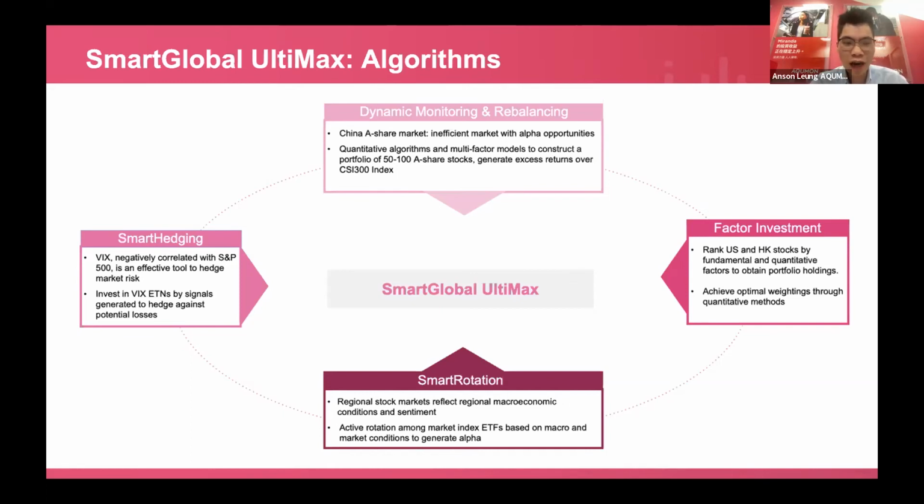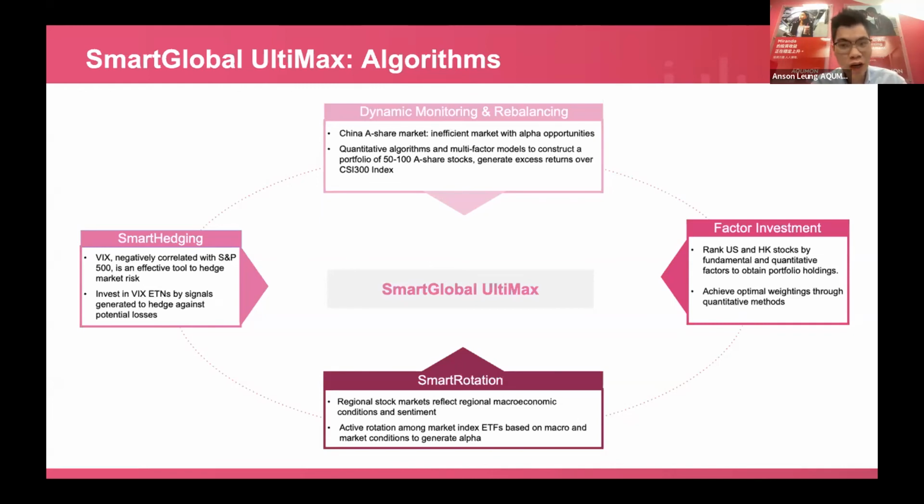We have added the VIX, the volatility index, to the strategy to make it more resilient and more risk tolerant. Whenever there's some volatility in the major market, this portfolio can react to the risk factor in a timely manner.